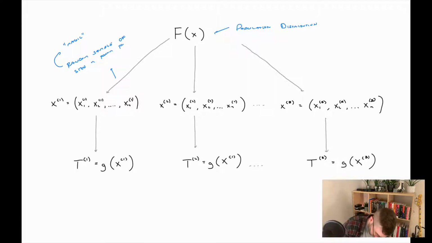Okay, so what I'm denoting here by x superscript 1 with the parenthesis is a simulated data set, and it contains n observations. Then we say, okay, with that data that I simulated, apply the statistic to it to calculate the value of the statistic. So t superscript 1 is essentially our first simulated value of the statistic.